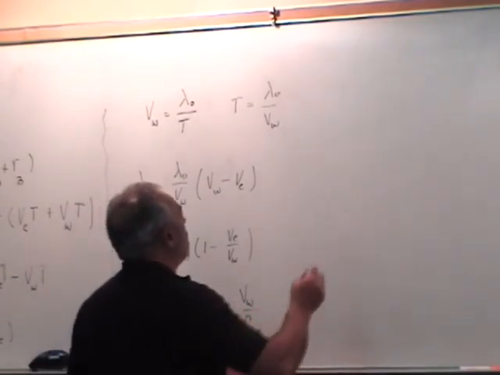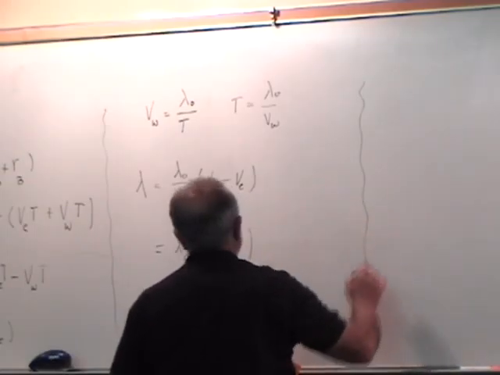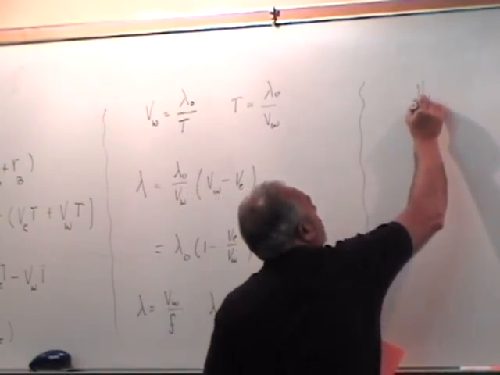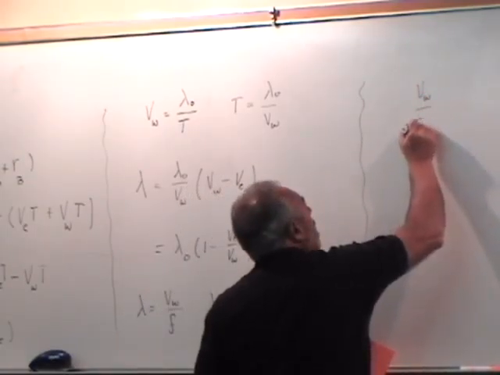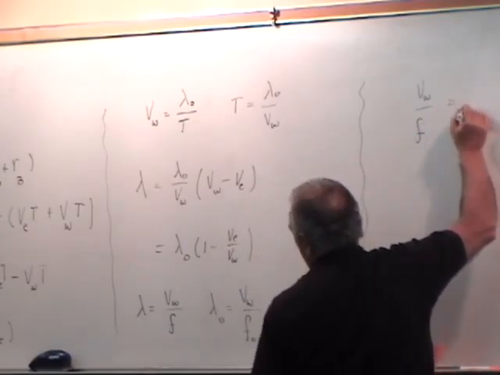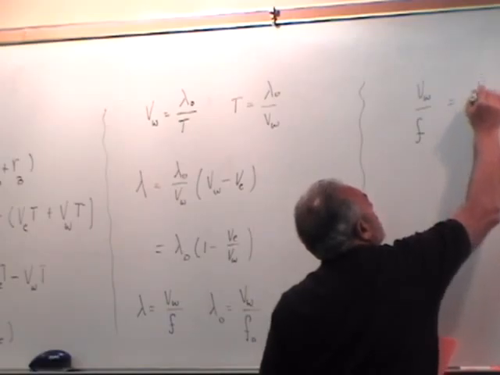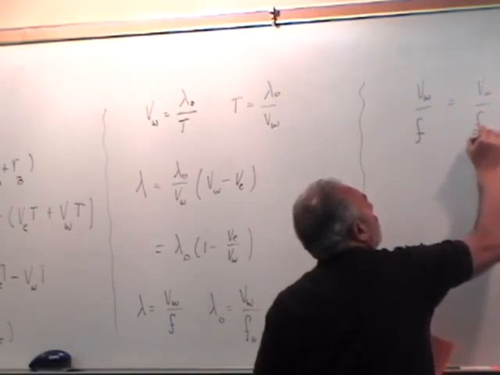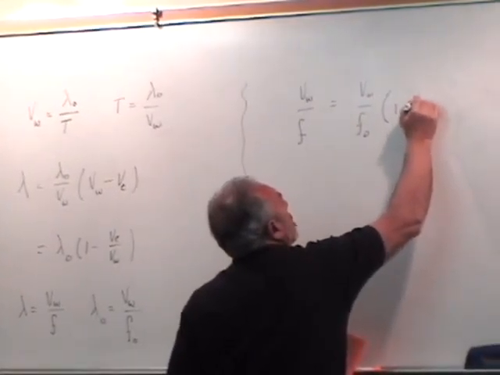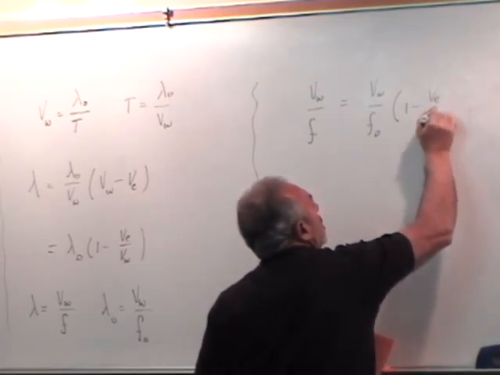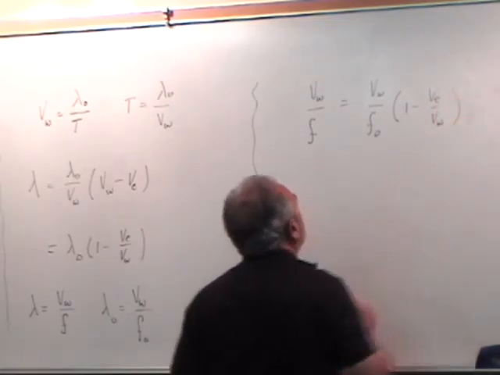So if we put those in, of course, we get what? Lambda equals VW over F, frequency, equals lambda naught, which is VW over F naught times 1 minus VE over VW, like this.